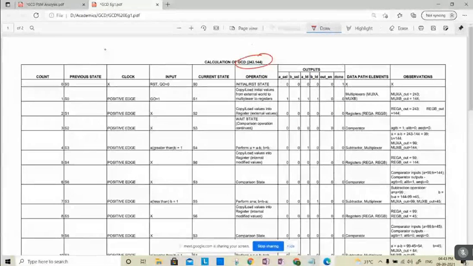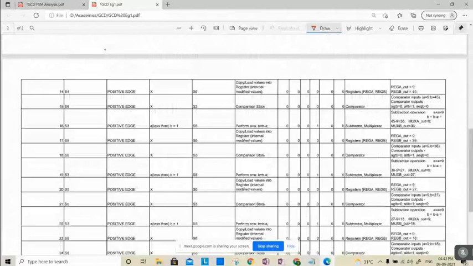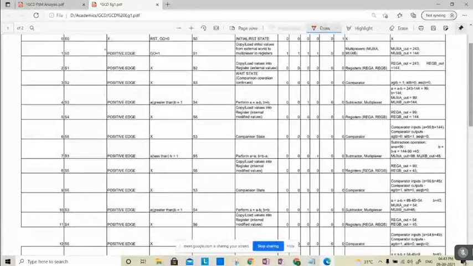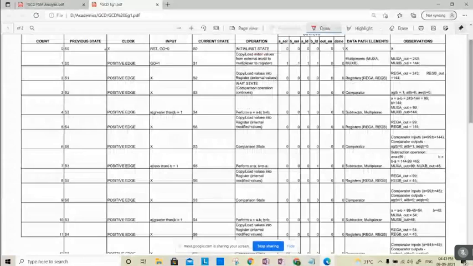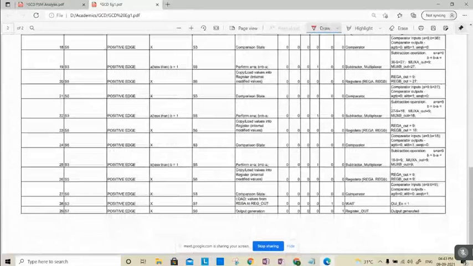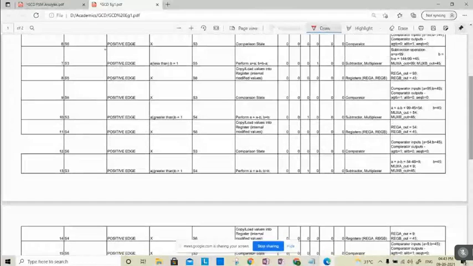I asked you to find out the sequence and the number of iterations or number of clock cycles that are required. I have received only one particular answer. What about the remaining people? How many clock cycles have you obtained? 28. Right, 28 or 29 it will be, if you are counting the zero state also as the initial state.